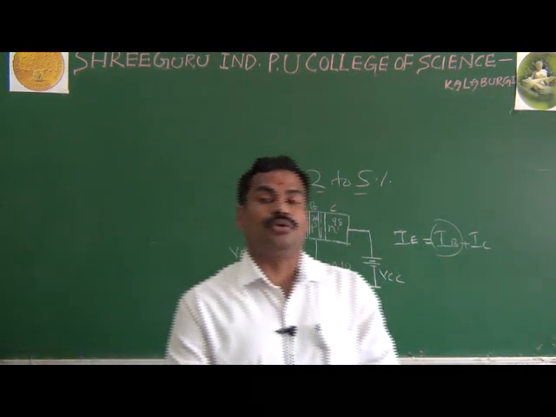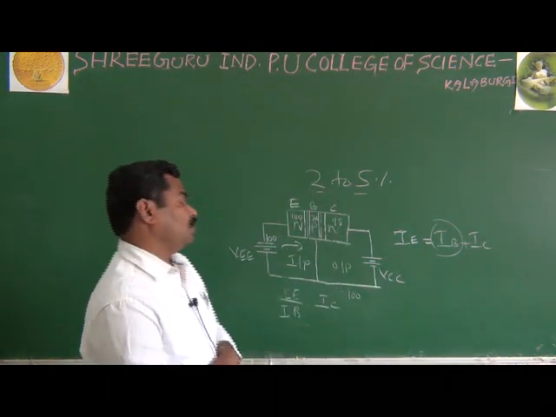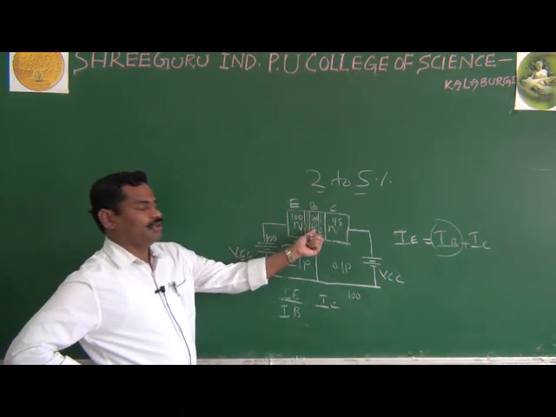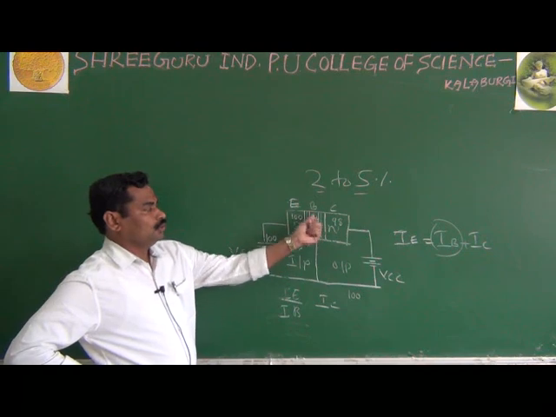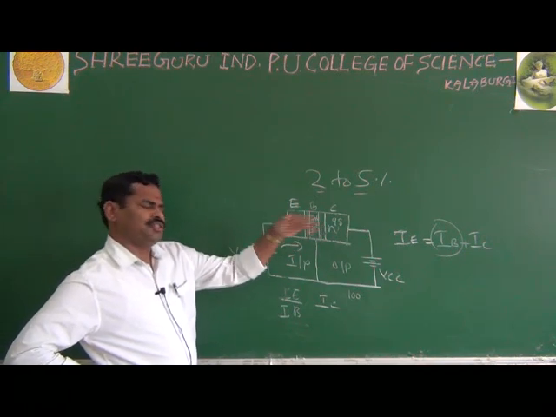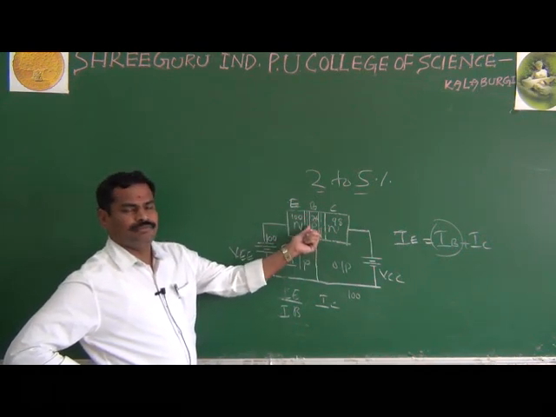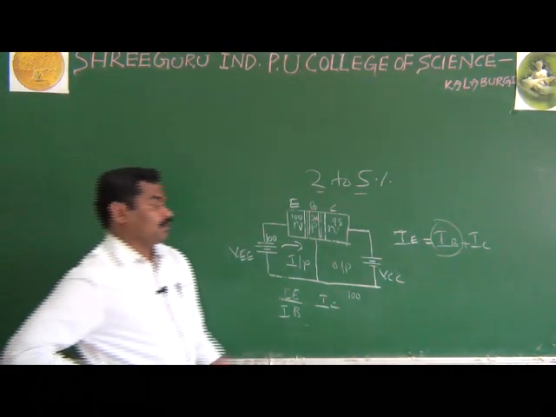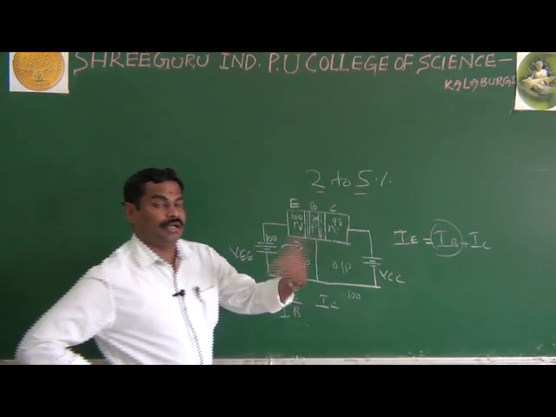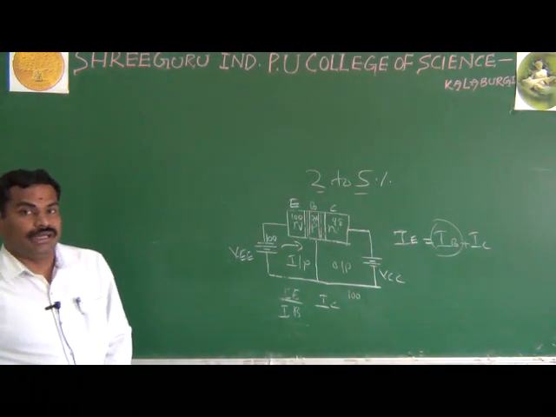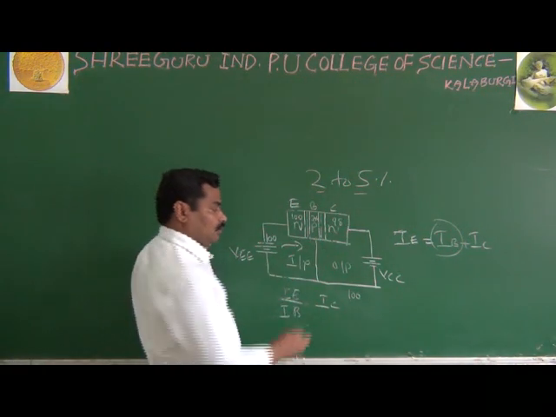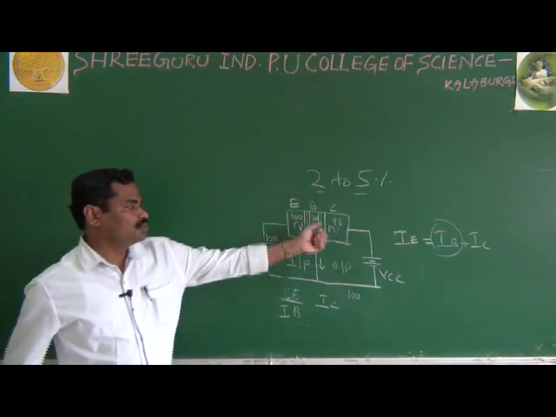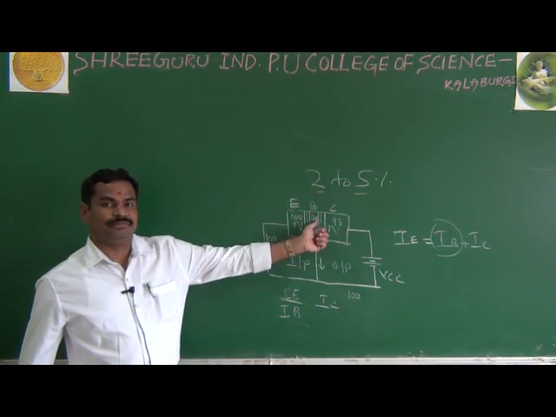Because we have only 2% of electrons, only 2 electron-hole pairs will recombine. It means we can break the covalent bonds 2 times. One time breaking we get 1 electron and 1 hole. Another time breaking we get 1 hole and 1 electron. The electrons move towards the base here, and holes move towards the p side.